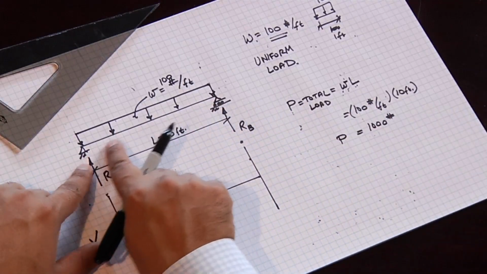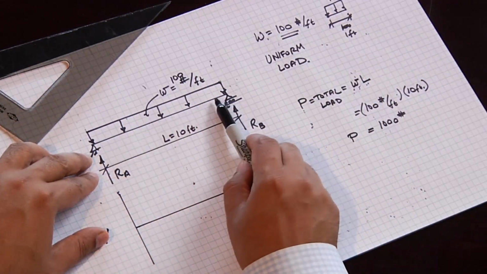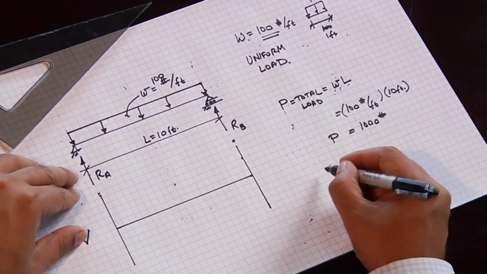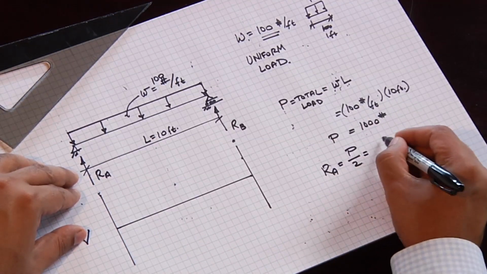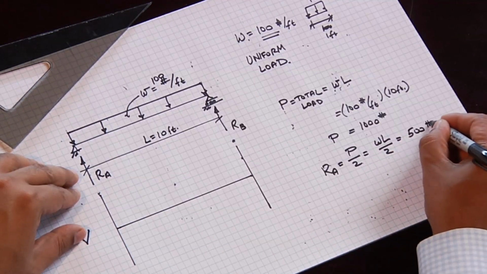Because the load is uniformly distributed, we immediately know, because it's perfectly balanced, that the two reactions are equal to each other in this simple example. So RA will equal the total load divided by 2, or WL over 2, or 500 pounds.